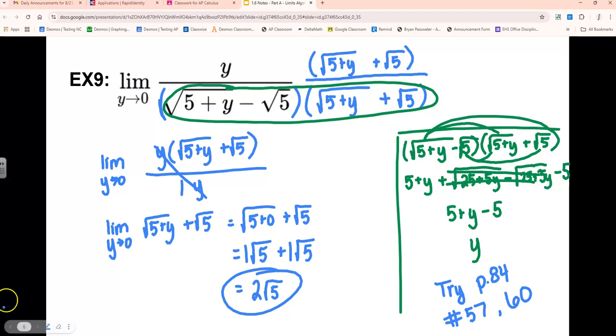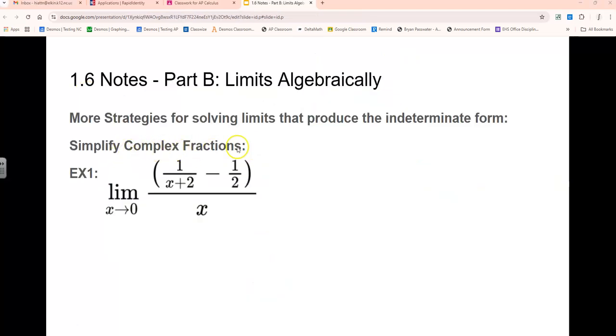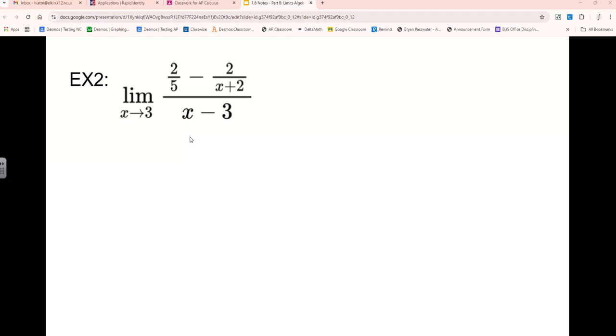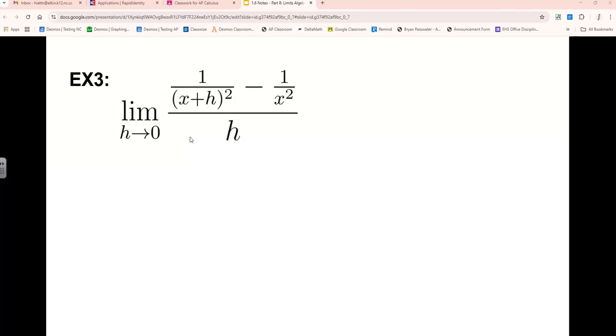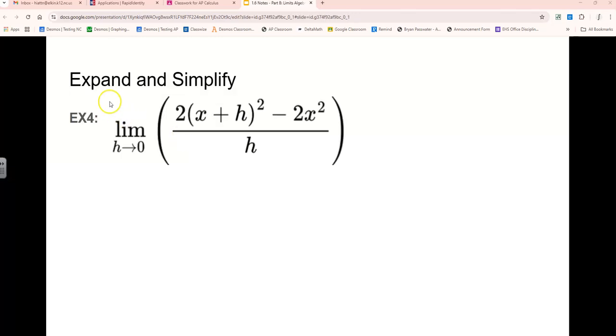The other part of our maths. Everybody's favorites, complex fractions, when we got fractions inside of fractions, always a crowd pleaser. Then we are going to look at some examples where we have a couple variables and we got to expand and simplify. Still fractions, good fun right here.